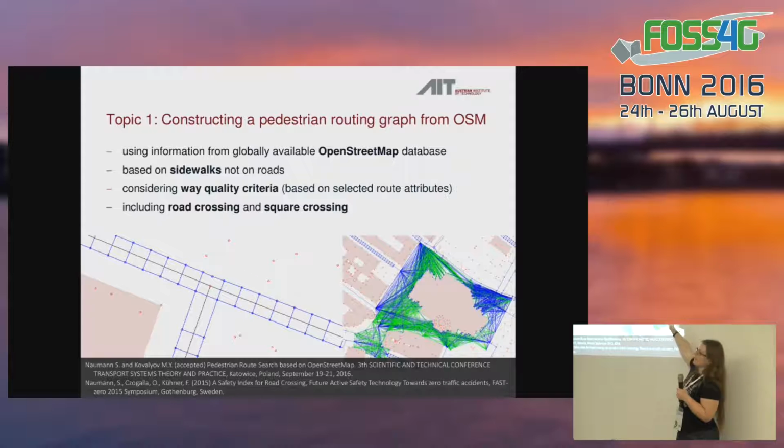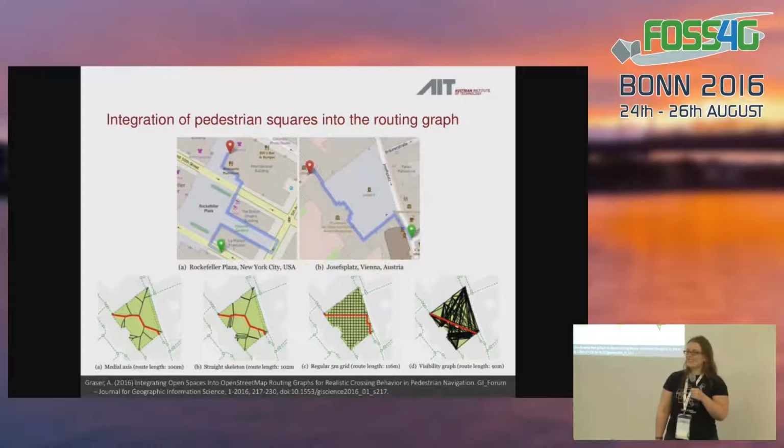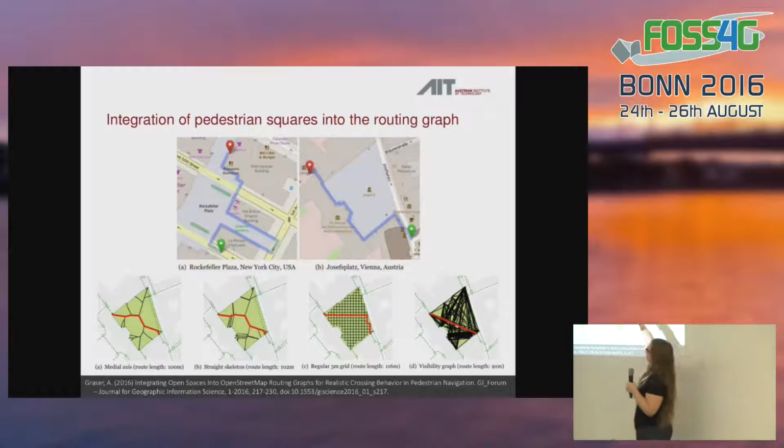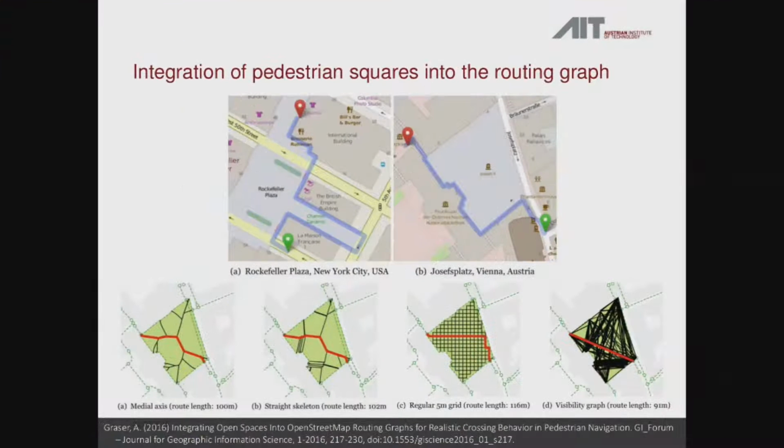And then we have the case of wonderful big pedestrian squares. And I will get into detail about this topic on the next slides. Those are really interesting. Currently, the routes that you get if you try to route over squares are ridiculous and nonsensical. I mean, they just follow the outline of the square, because that's what the simple pre-processing scripts do.